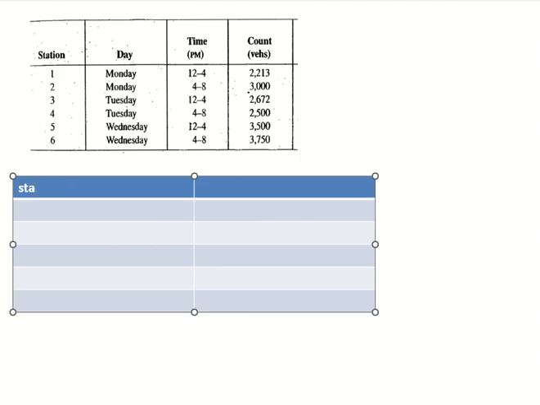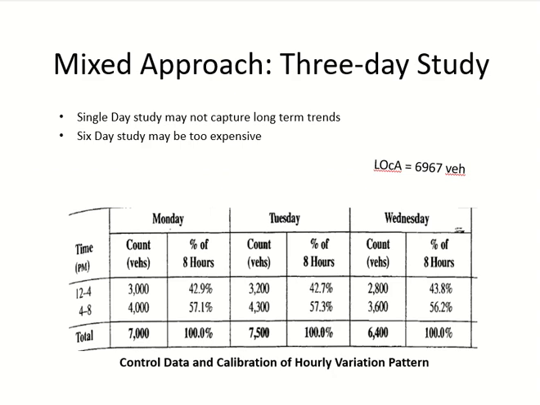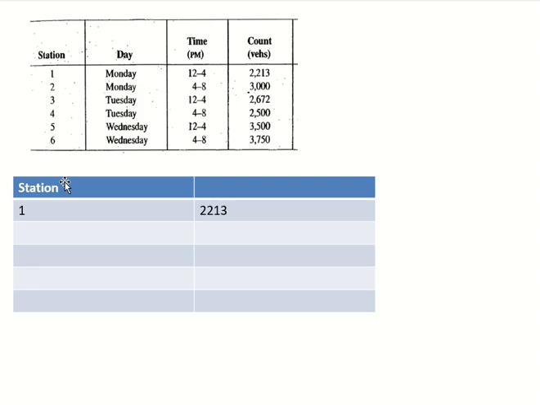Okay, so station, location 1. The data is 2213. This is Monday 12 to 4. My expansion factor is 0.429. So what do we do? Multiply or divide? Divide.